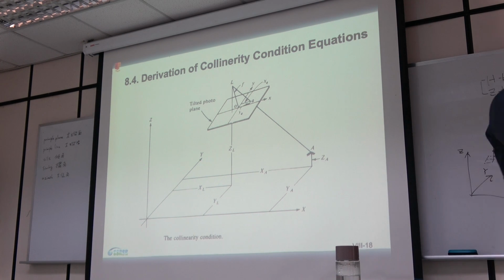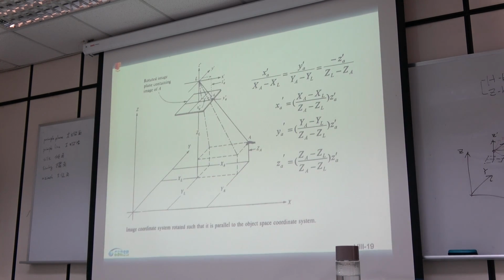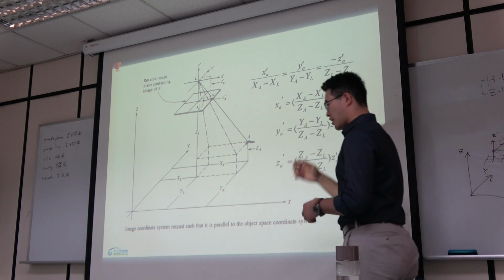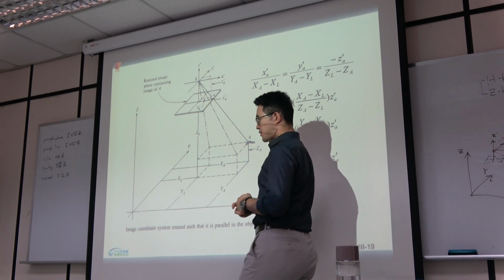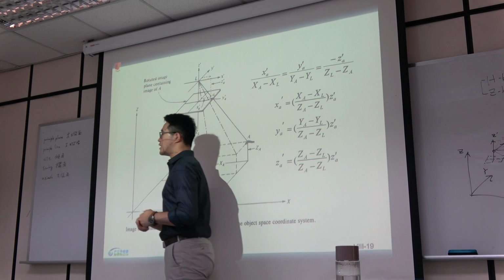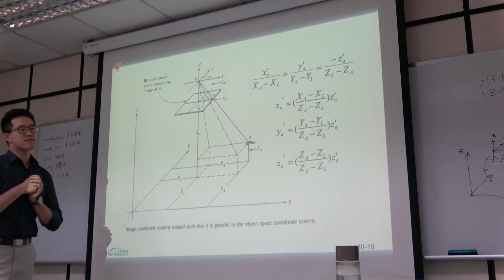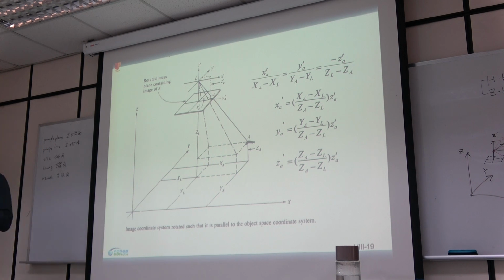So how to derive it? Let's go to the next page. First of all, if you directly start with the tilt photo, it will be very difficult to understand the relationship. So let's simplify the question to become a vertical photo.